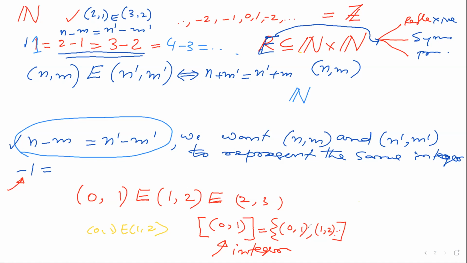It squeezes an infinite number of these pairs into one set, which can be represented by any one of them. Follow? And that one is called an integer. In this case, what is that integer? (0, 1). We don't call it minus 1 because there is no minus in our theory. We have a plus in a sense, but we don't have a minus. And this will allow us to introduce the minus sign.